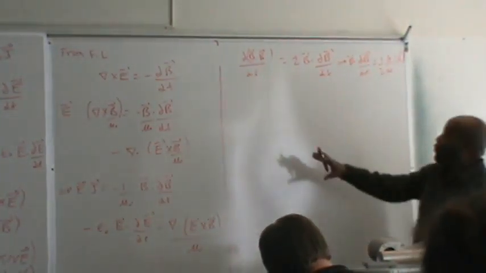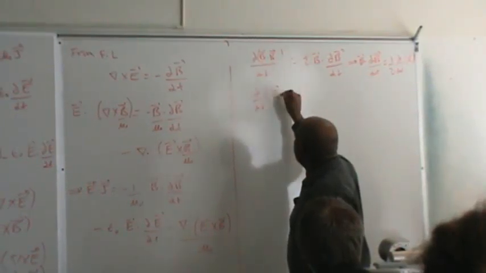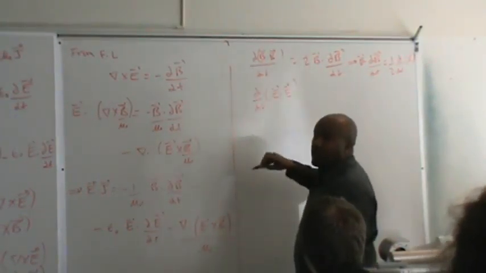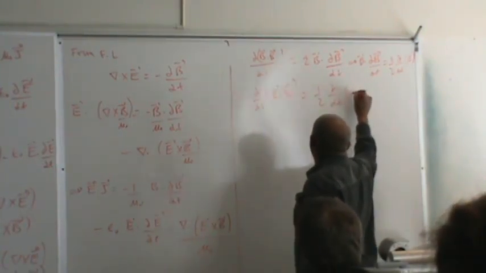So similarly, for the electric field, d by dt of E dot E, you get half of d by dt of E squared.